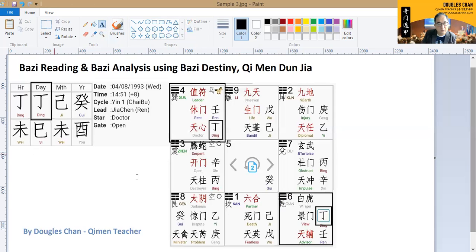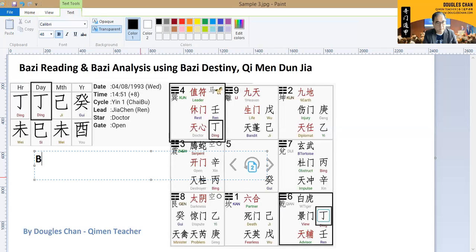Let me write it down first for your information. Box number 4 equates to when the person is young, from baby all the way to 35 years old. It's somewhere around 35, 36, it can be 40, but that is just an indication. Box number 6 is related to the age after 35 years old.